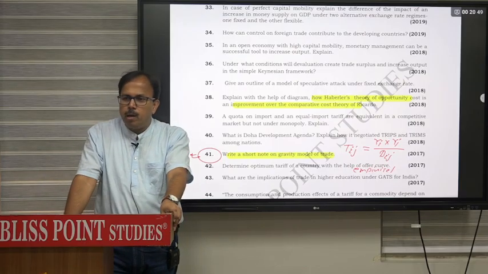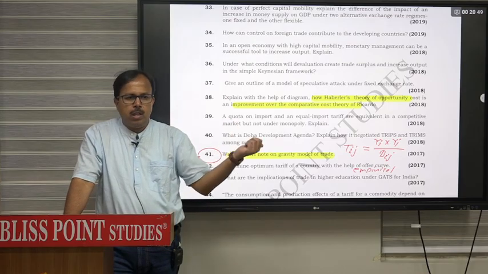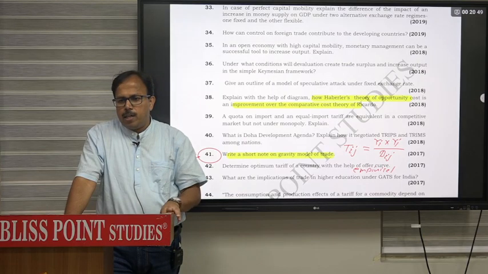So Haberler has made a further improvement. There are certain other points in the same chapter, mainly the concept of the Ricardian model, but Haberler has improved upon that content. So this question, plus the multiple good model and relative supply and relative demand.